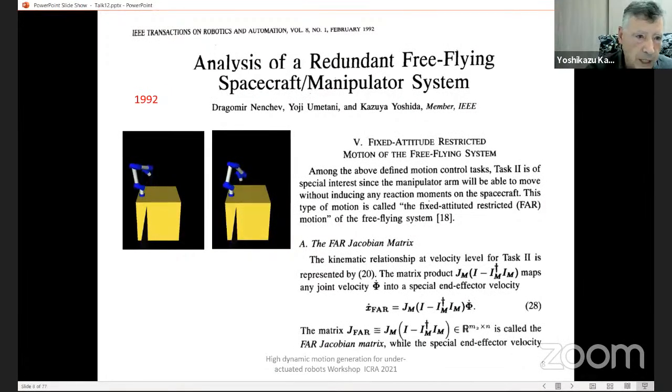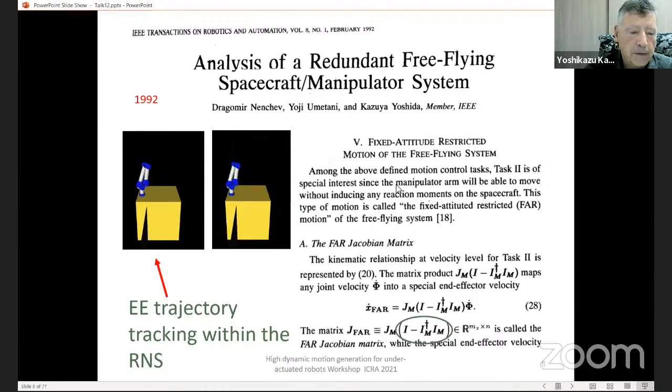And this work, 1992 actually, gives you two different examples of a free-floating robot. One, on the left side, is when the end-effector trajectory is constrained within this reaction null space, the null space of the coupling inertia matrix. In that case, there is no attitude deviation of the satellite base, which is quite important.